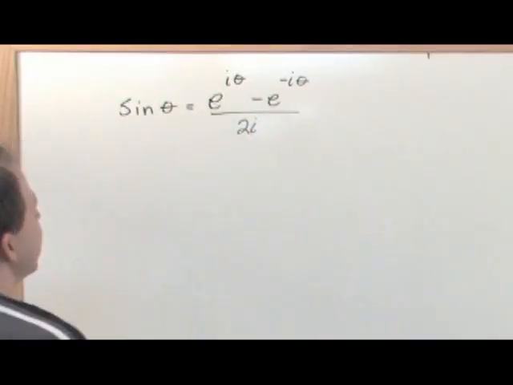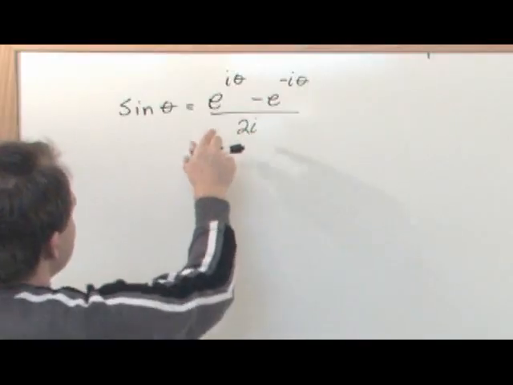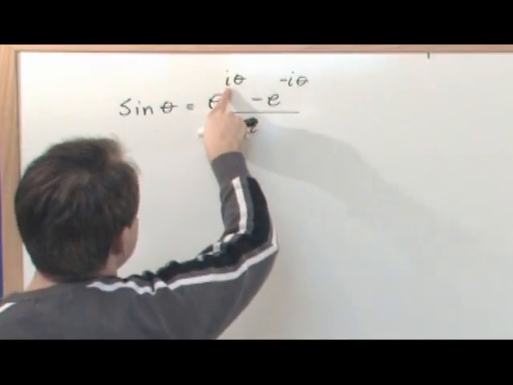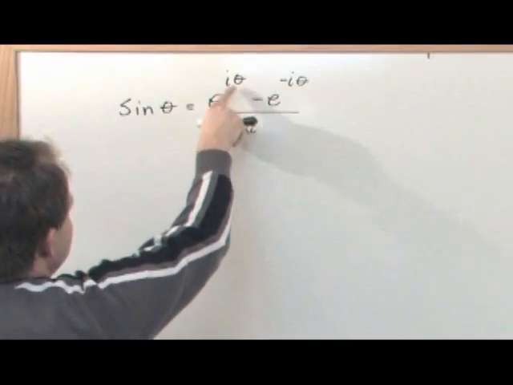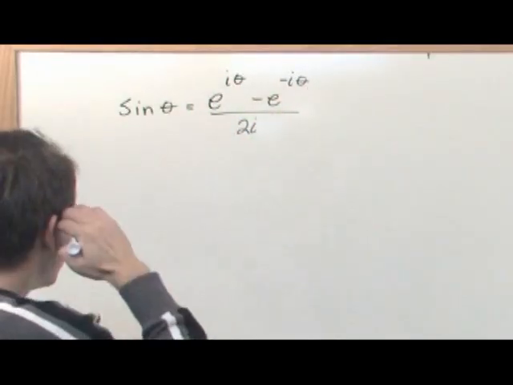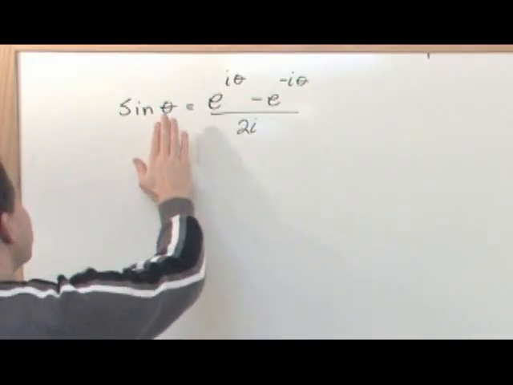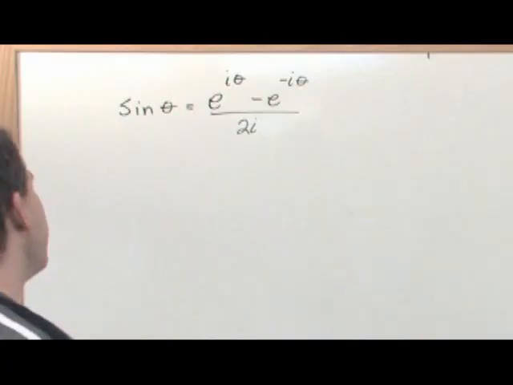This is a complex exponential. You've got e, which is the same e that you always know, raised to i, which is an imaginary number, times theta, minus e to the minus i theta, over 2i. The only reason I even bring it up here is that you'll study this in advanced math. This is what the sine function actually is if you were to write it down mathematically.